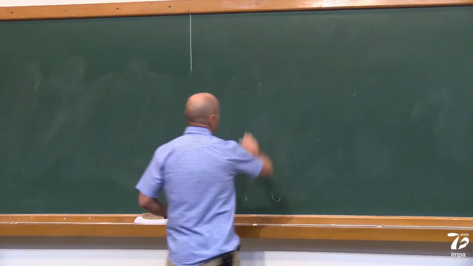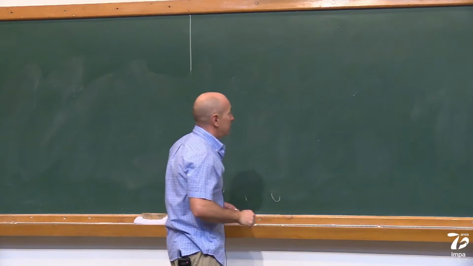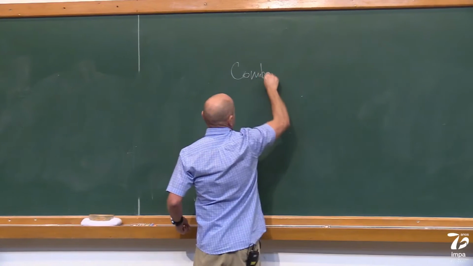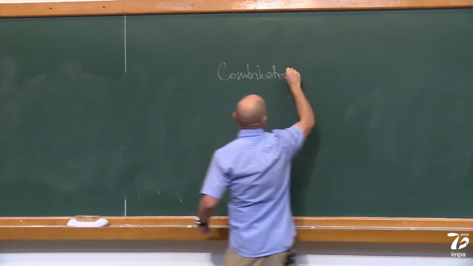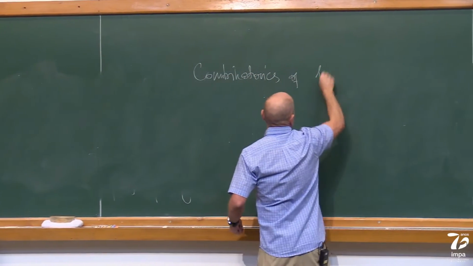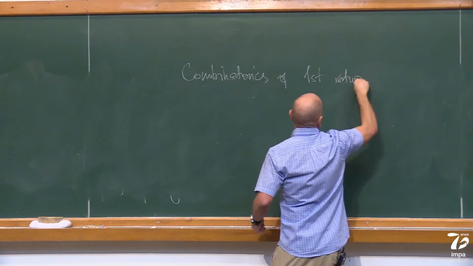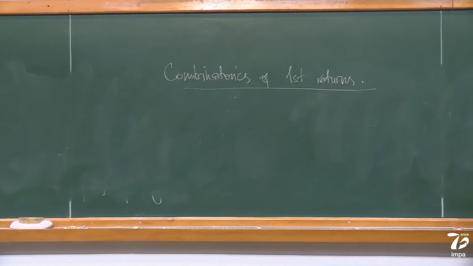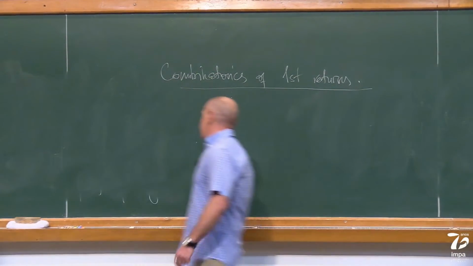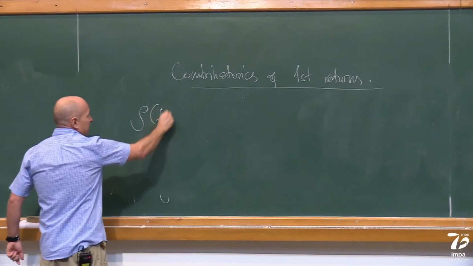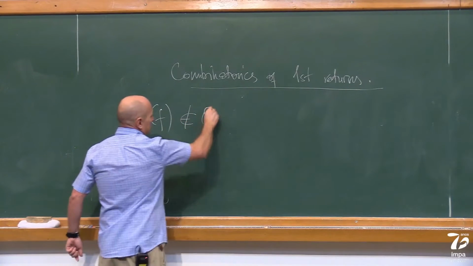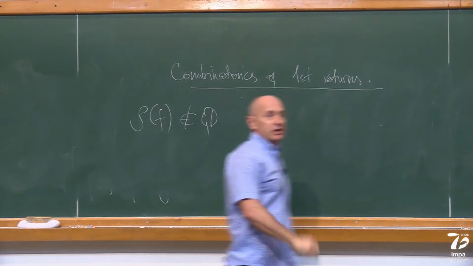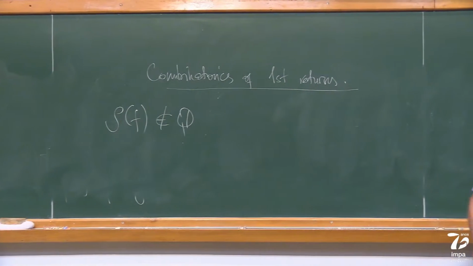So, right, let's talk combinatorics of first returns. If our rotation number is irrational, it expands into an infinite continued fraction with positive terms.